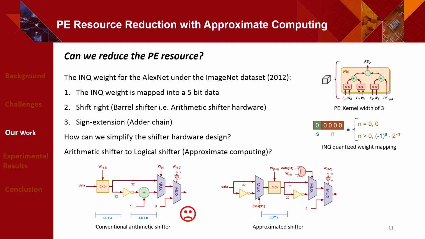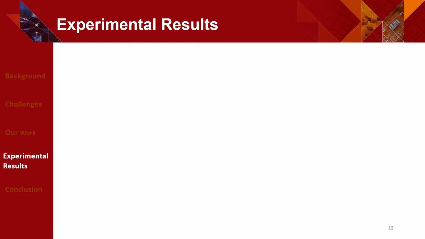How this works is that we check whether the feature map is positive or negative, and then we convert it all into a positive value, and then we just logical shift it to the right based on the shifting bit, and afterward we flip it, depending on the sign bit of the feature map and the weight itself. So we have introduced a minimum error, however we are still able to save a lot of lookup table usage. Per shifter, almost 30% of lookup table is saved.